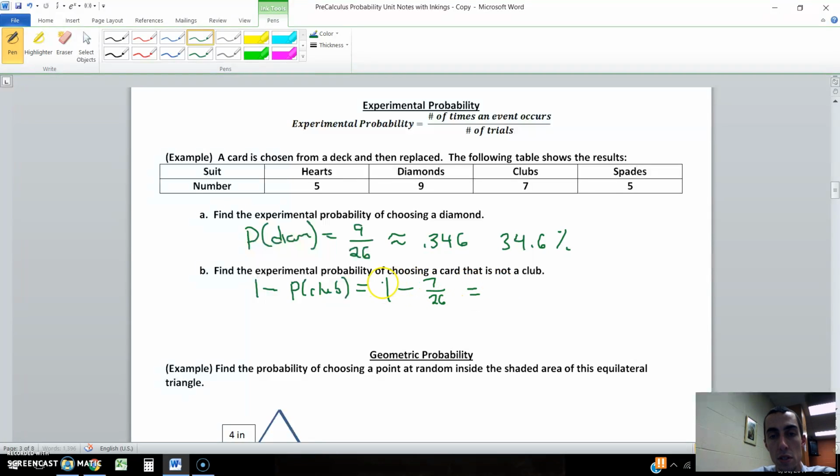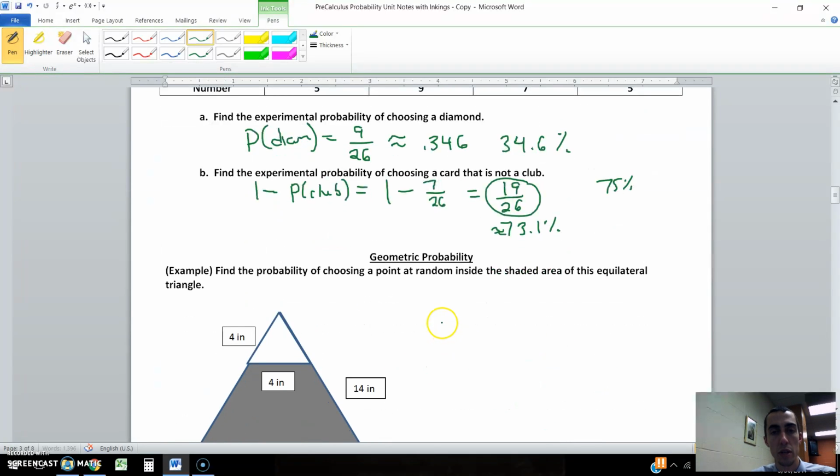That would be 26 minus 7, 19 out of 26 for that one. Theoretically, the probability of not choosing a club would be 75%, and this experimental probability is approximately 73.1%, so a little less likely than 75%.